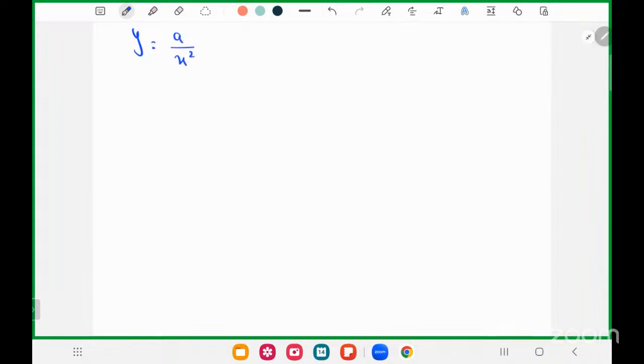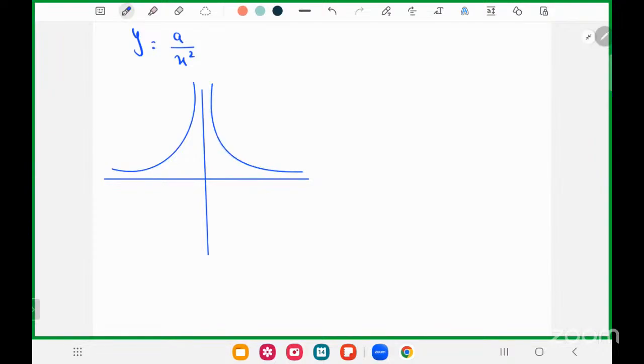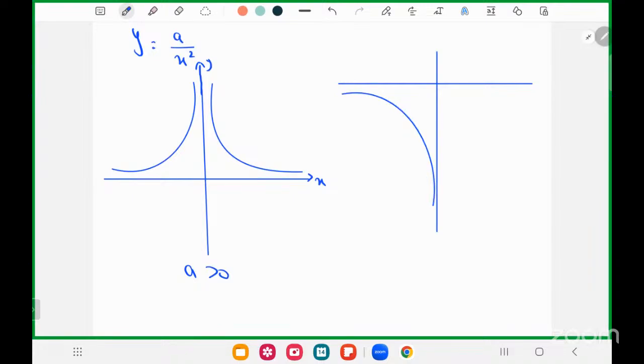Y is equal to a upon x square will look something like this if a is greater than 0. If a is less than 0, it will be something like this.